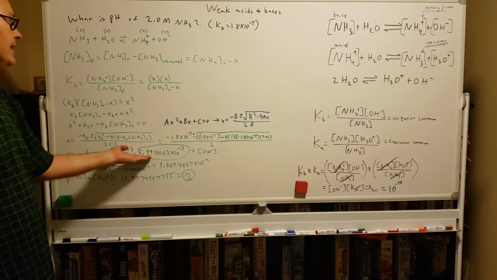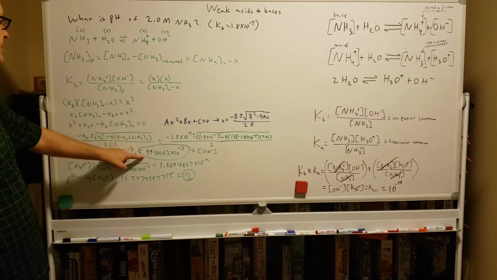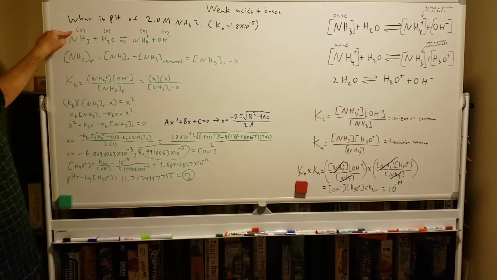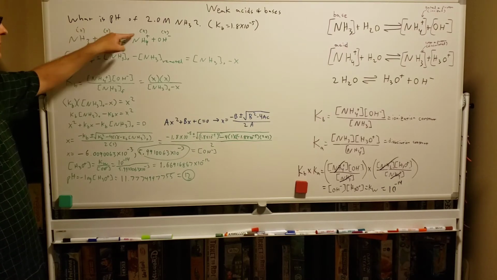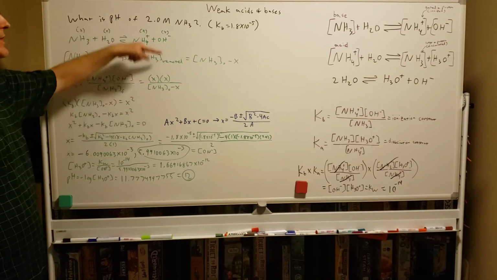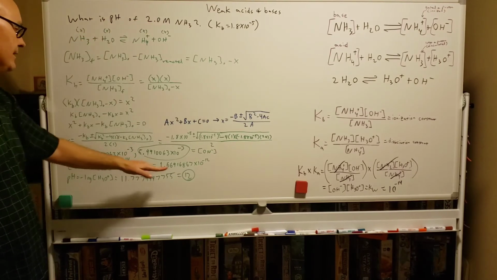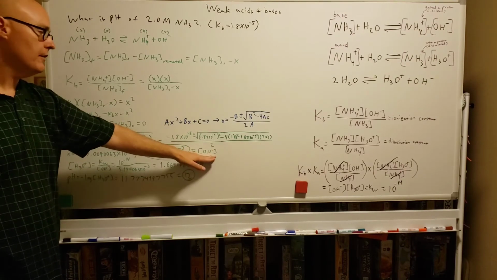So this is the x. The x, remember, was the concentration of the ammonia that reacted. It was also the concentration of the ammonium at the end and the concentration of the hydroxide at the end. So that is my concentration of hydroxide.